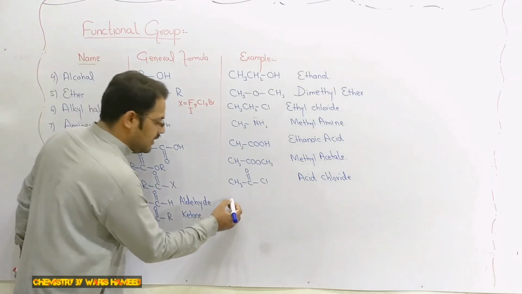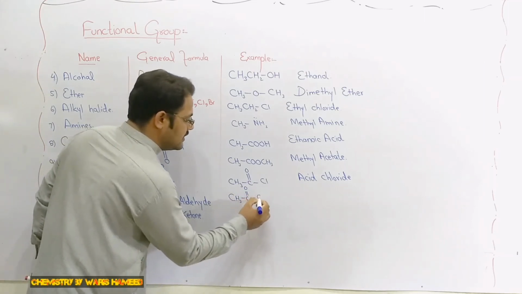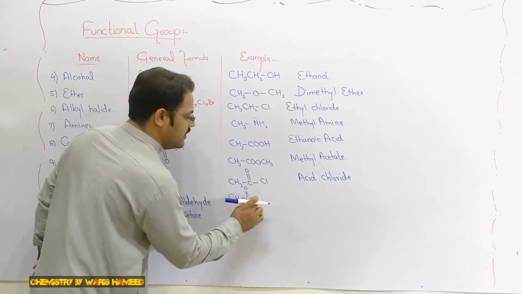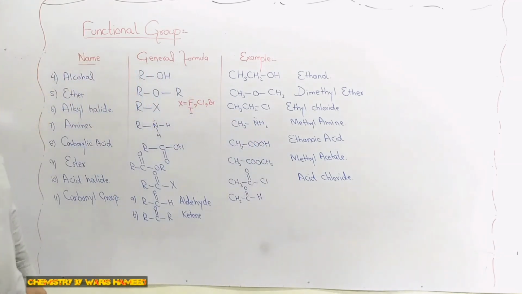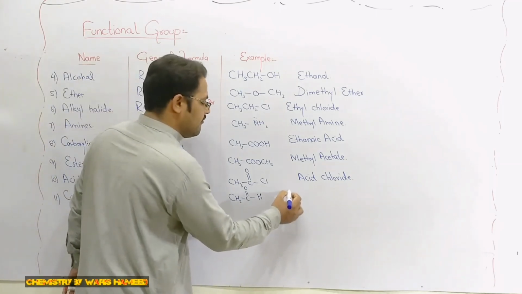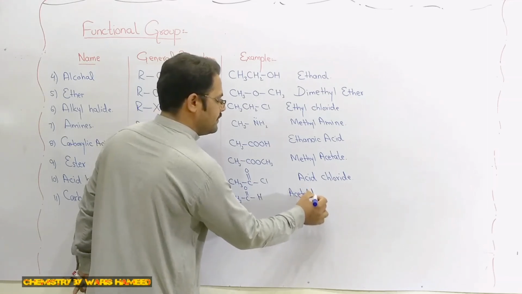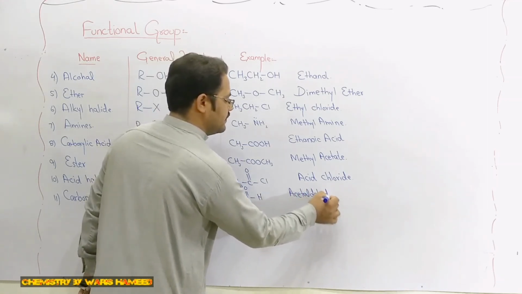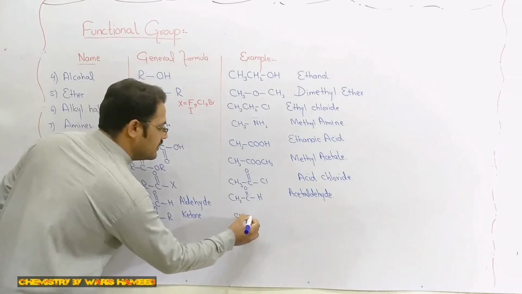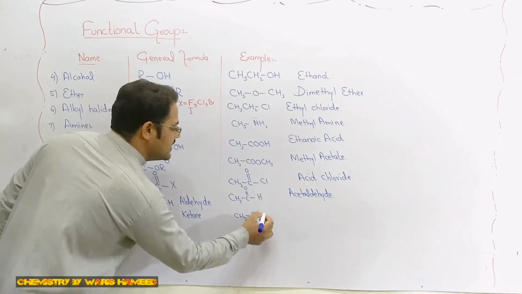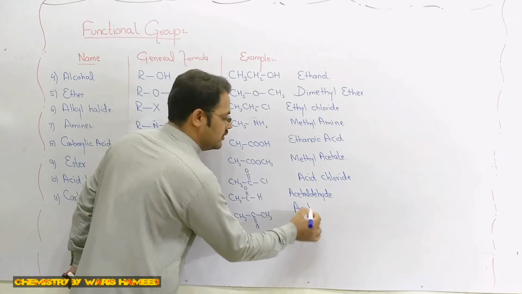For example, CH3 carbon double bond oxygen, here it will be hydrogen. It is acetaldehyde. And in the case of ketone, CH3 single bond carbon double bond oxygen CH3, and it is known as acetone.